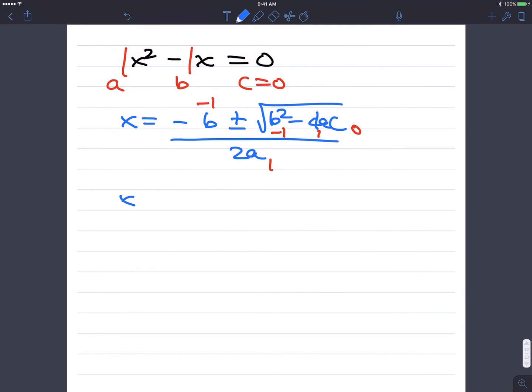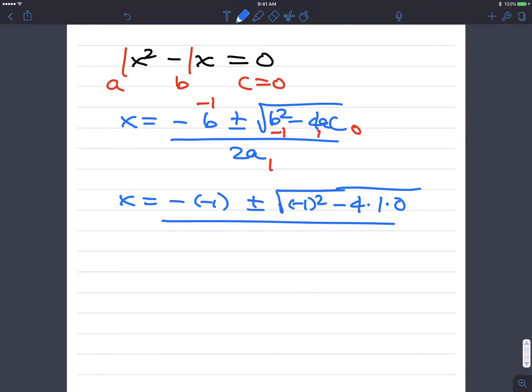So we get x being minus negative 1 plus or minus the square root of negative 1 squared minus 4 times 1 times 0, everything over 2 times 1. If we notice what's going on with this radical, negative 1 squared is 1. The portion out here is simply 0.